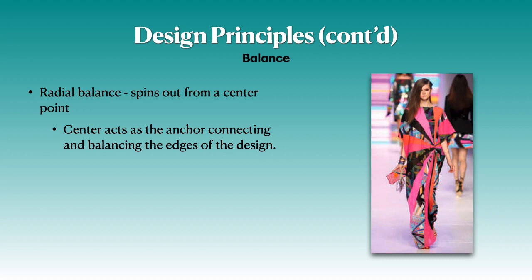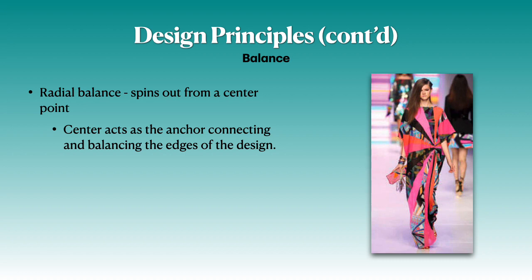So with balance, you also have what is considered radial balance. This is where the balance spins out from a center point. The center acts as the anchor, connecting and balancing the edges of the design. So when you look at this image here, you can see the center point.